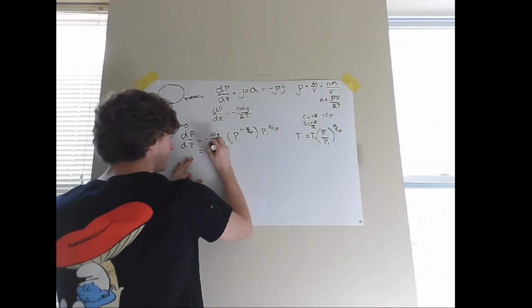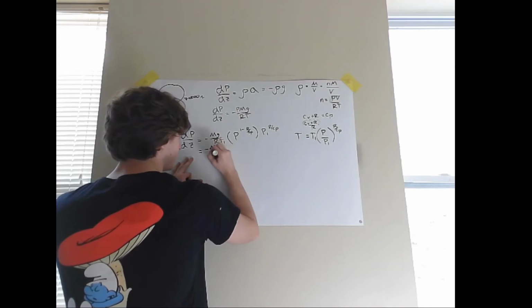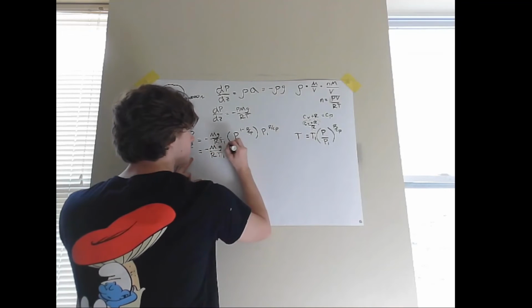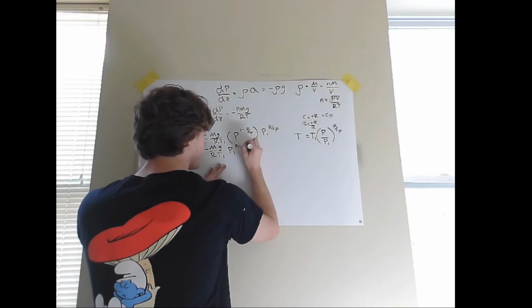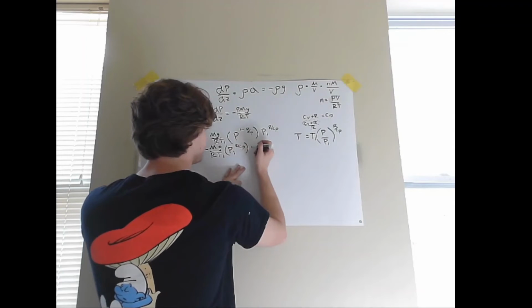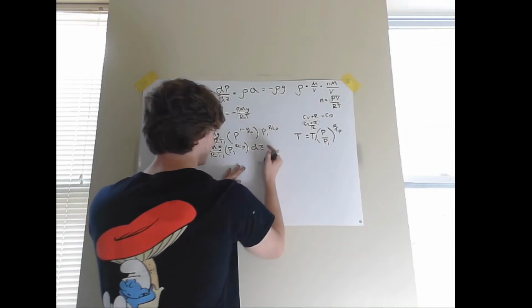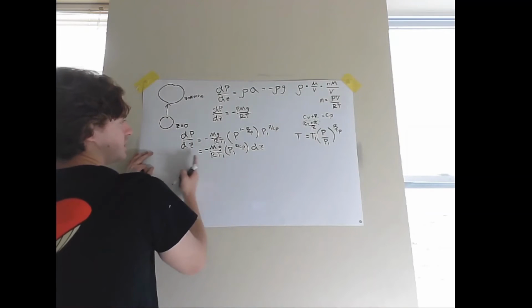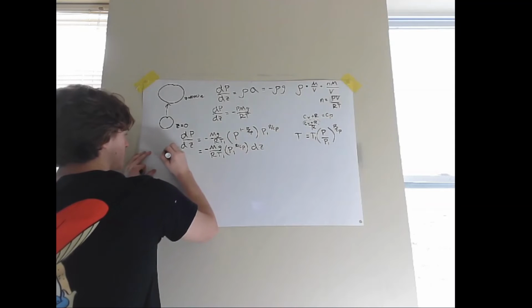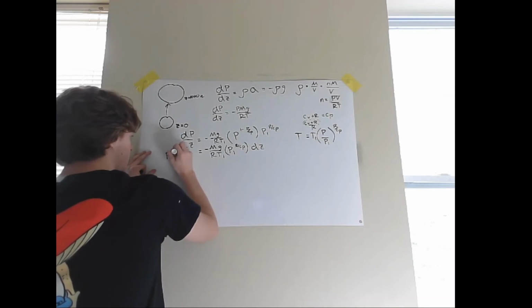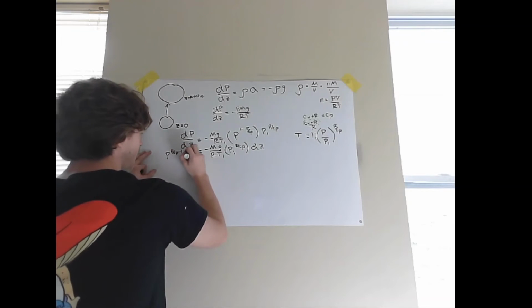So for the right side, it's just our constant terms and dz, and then on the left side, we divide this over, so it just becomes P to the R over Cp minus 1 times dP.